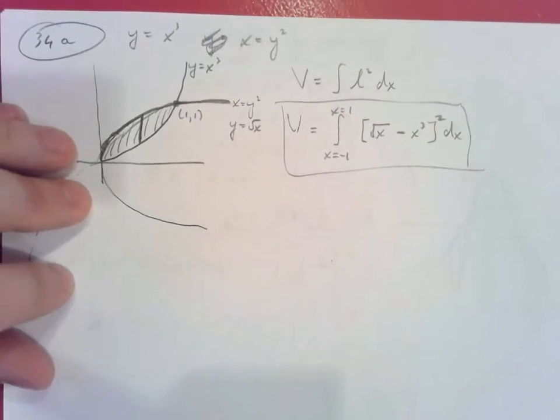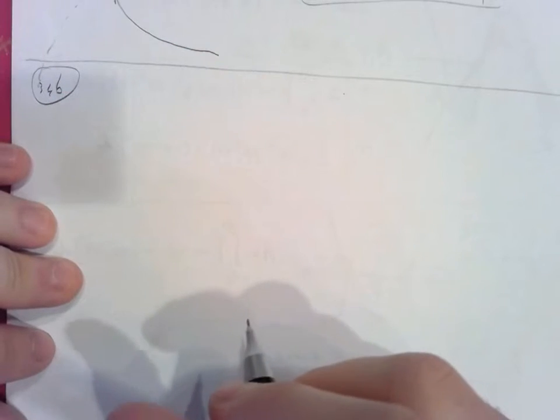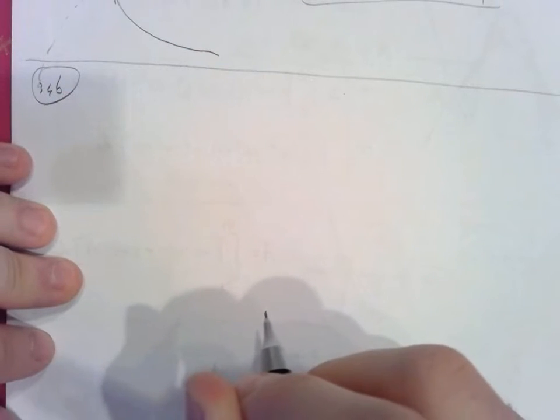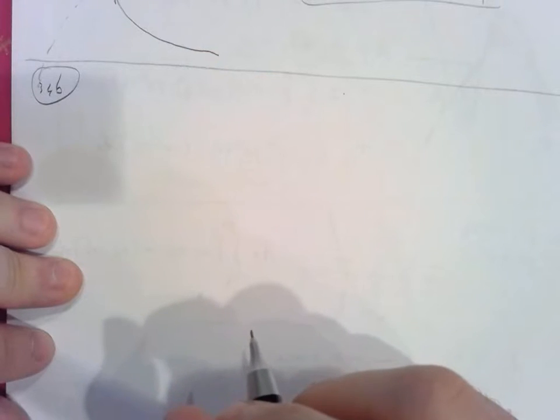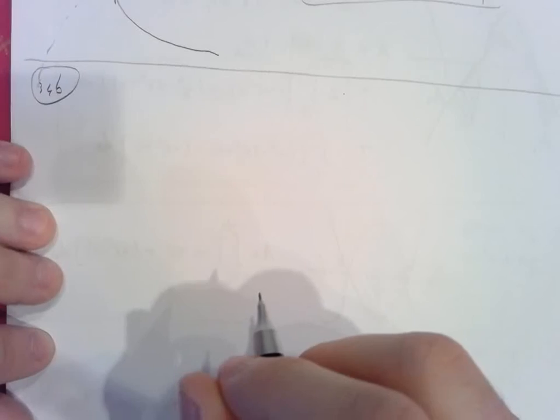Now let's move on to part B. So part B now has us look at the same region, but the cross sections now are perpendicular to the y-axis, and they are semicircles.